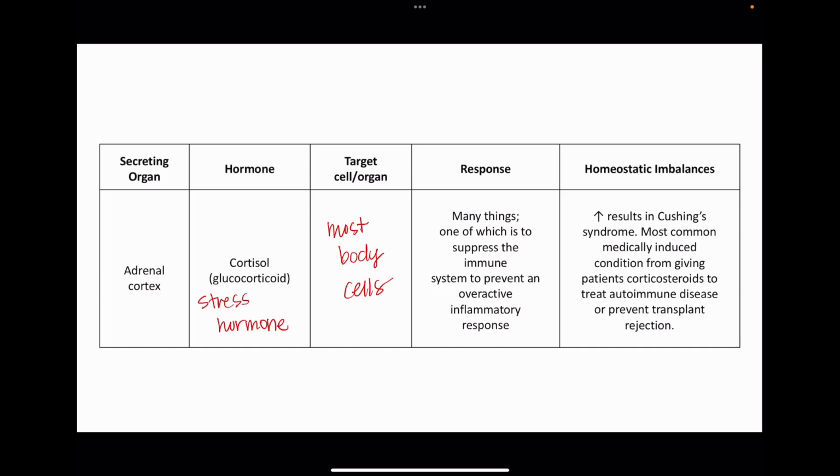So when we have too much cortisol, this can result in what's called Cushing's syndrome. This is the most common medically induced condition from giving patients corticosteroids to treat immune disease or prevent transplant rejection, or cortisol shots are also given for general inflammation.